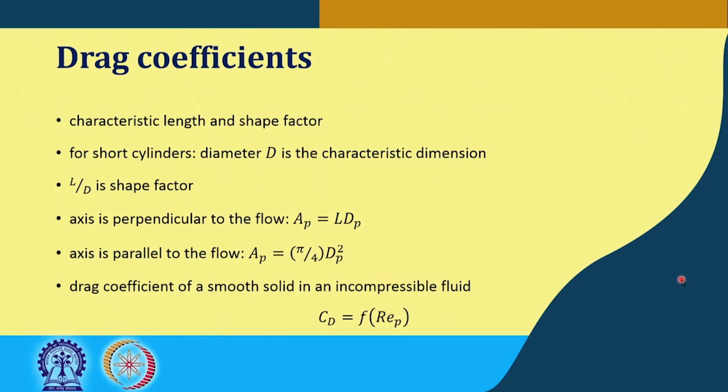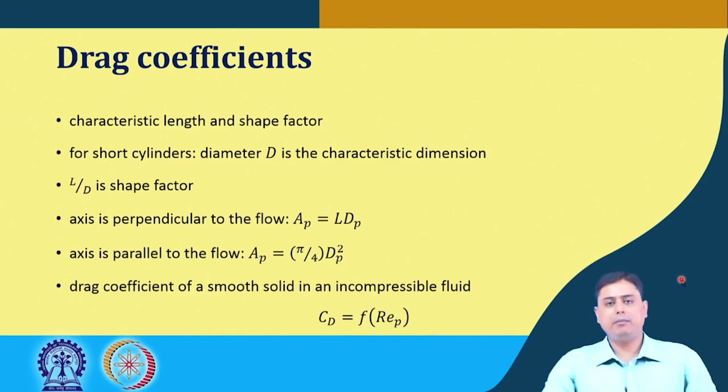So for short cylinders, the diameter d will be the characteristic dimension, and length by diameter is a shape factor which we need to consider. When the axis of the cylinder, let us say, is perpendicular to the flow, you get your projected area as L multiplied by dP.